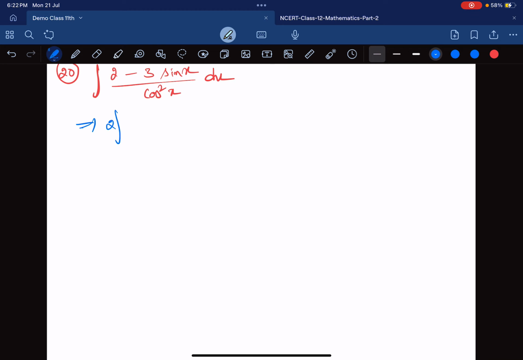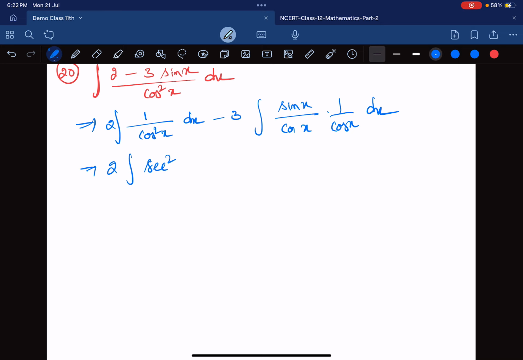So integration of 2 into 1 by cos square x dx minus 3 into integration of sin x by cos x into 1 by cos x dx. Which implies 2 times integration of secant square x dx minus 3 times integration of tan x into secant x dx, or secant x into tan x dx.